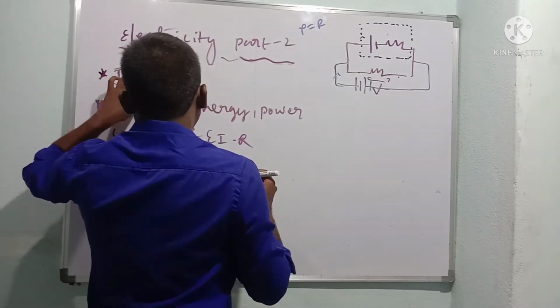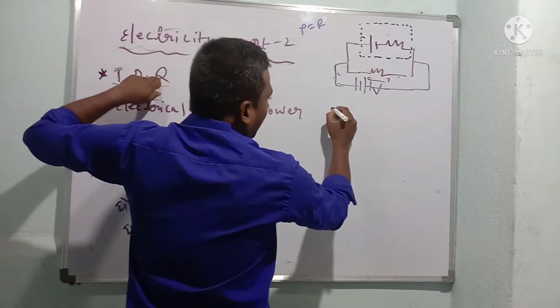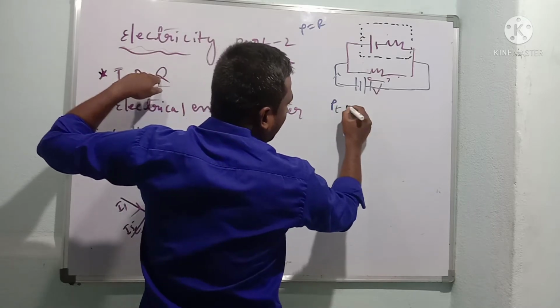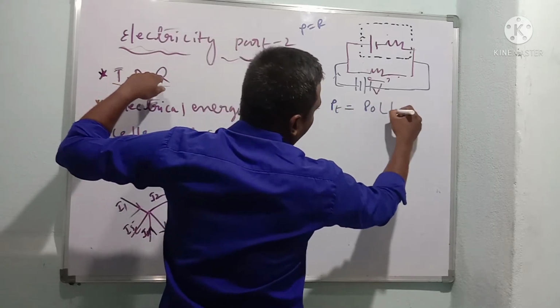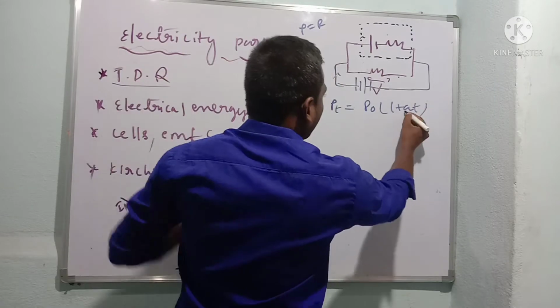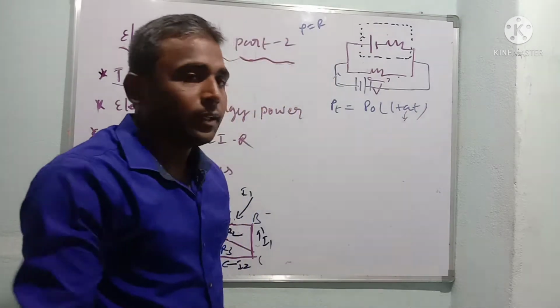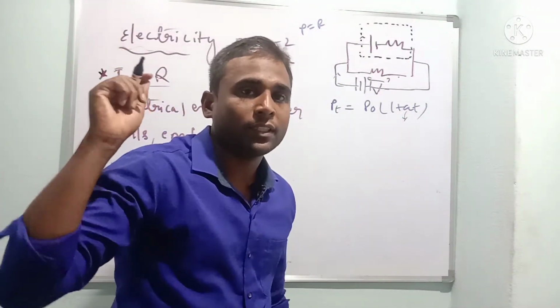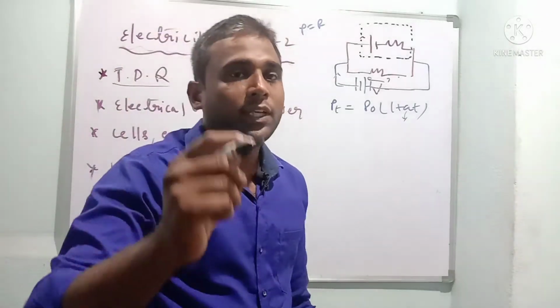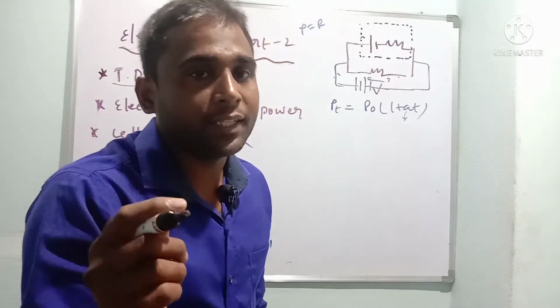Temperature dependence of resistivity is given by the formula ρ_T = ρ₀(1 + αT), where α is called the temperature coefficient of resistance, meaning the change of resistance per unit degree Celsius.